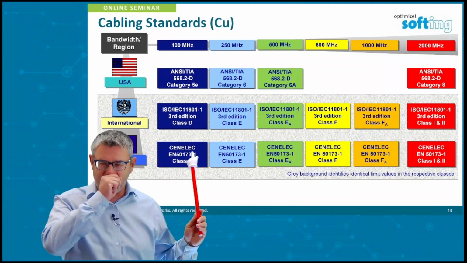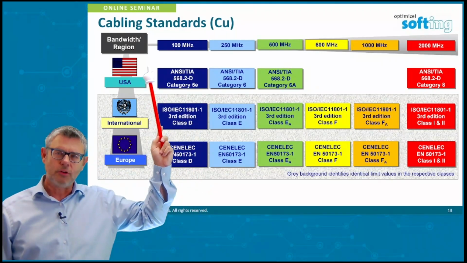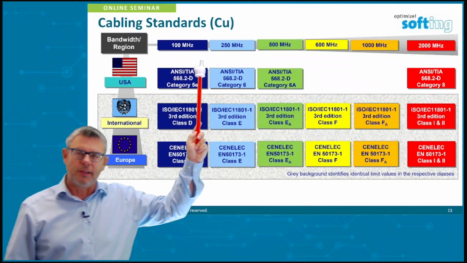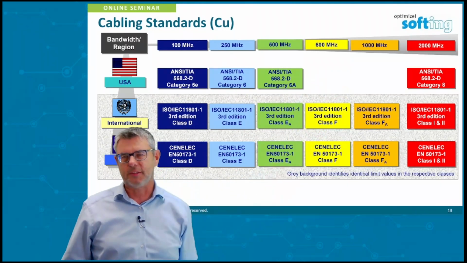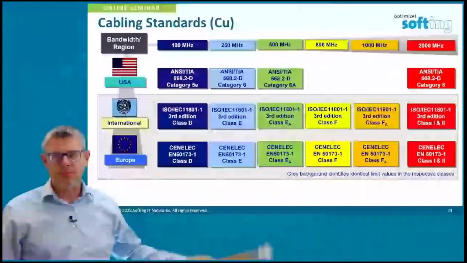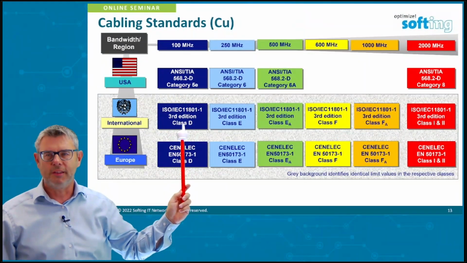Excuse me. Now we are grouping the individual performance levels of a transmission link into these different bandwidth requirements. So we have a bandwidth requirement that goes up to 100 megahertz. This 100 megahertz is called a Class D network.